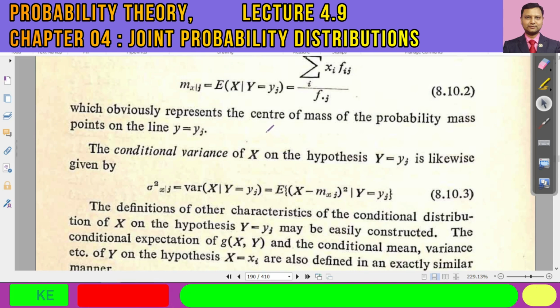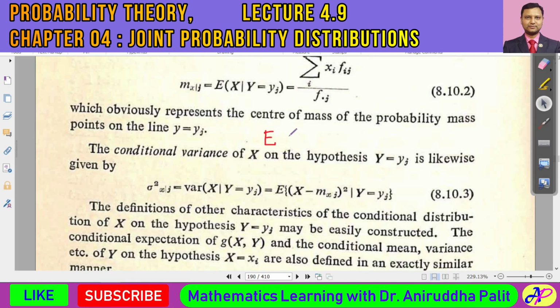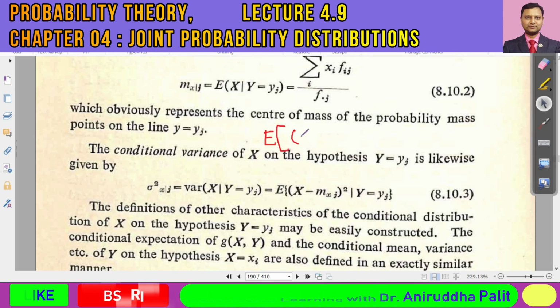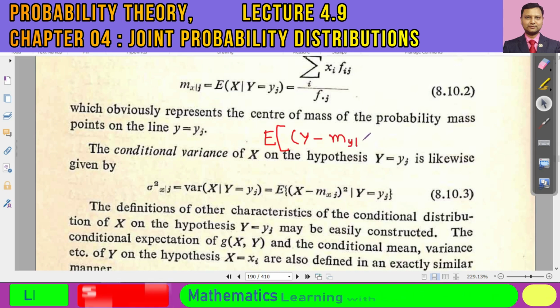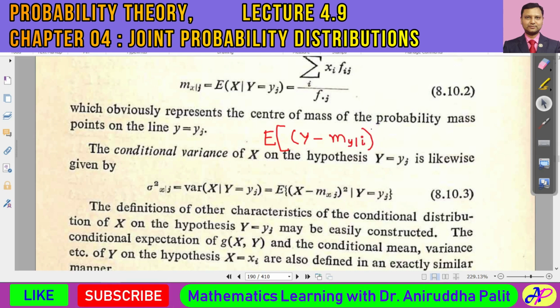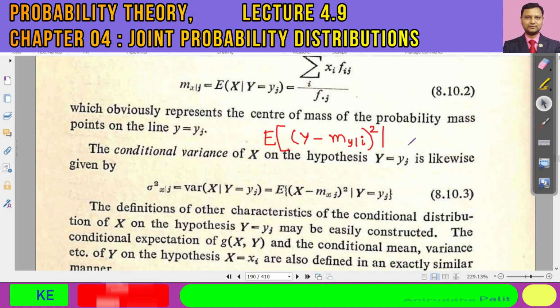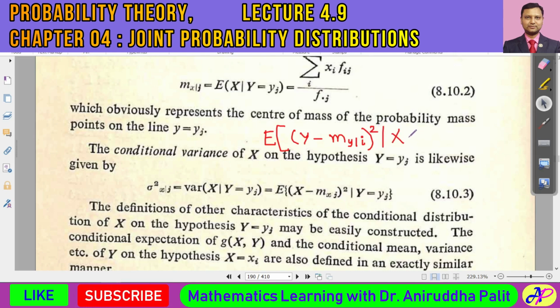So what would be the corresponding definition? It would be the expectation of y minus the corresponding conditional mean, m y given i, its whole square, and the given condition is that x is equal to xi.